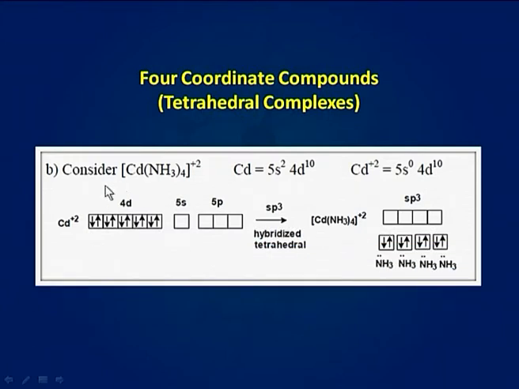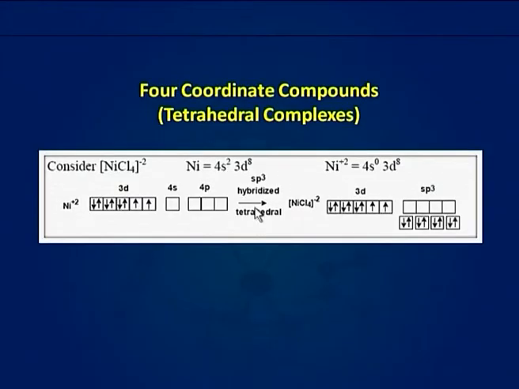Another example for tetrahedral geometry is Cd(NH3)4 2 plus. In this case also, in cadmium 2 plus, 5s orbitals will not contain any electrons, and one s and 3 p orbitals will provide 4 sp3 hybridized orbitals, and tetrahedral geometry will be attained.